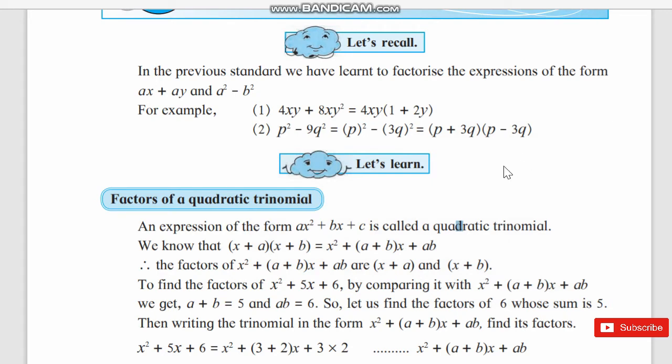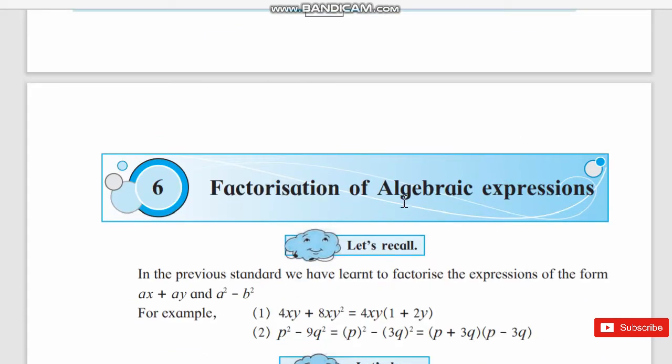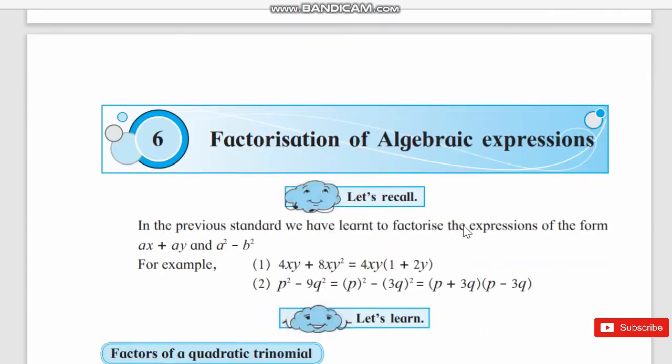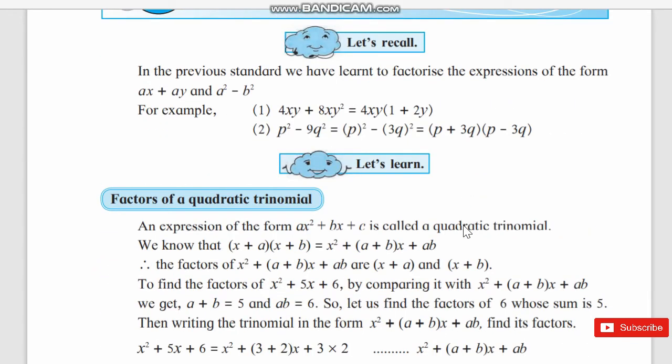Today we are going to learn about the factorization of algebraic expressions. So what is the factorization of an algebraic expression? Let us see. An expression of the form ax square plus bx plus c is called the quadratic expression. We know x plus a in the first bracket and x plus b in the second bracket.